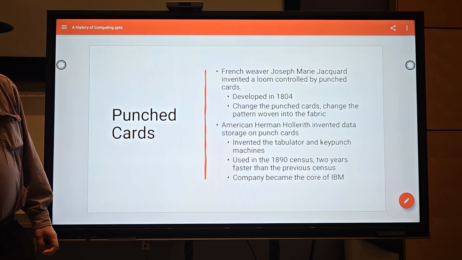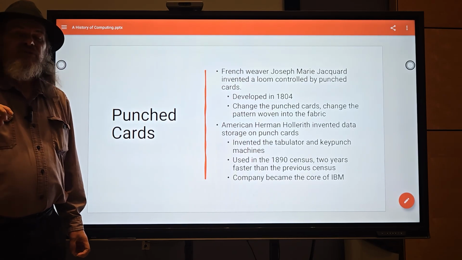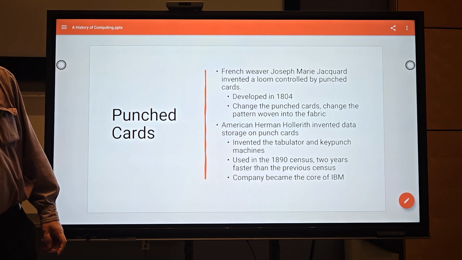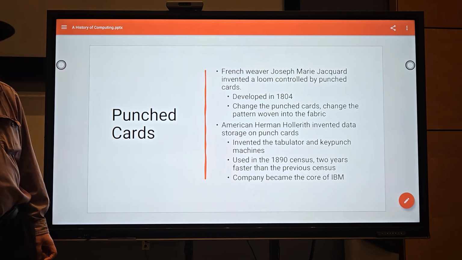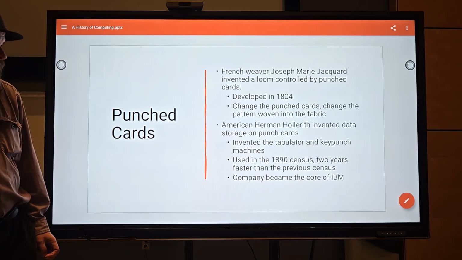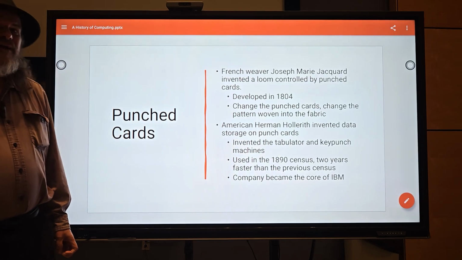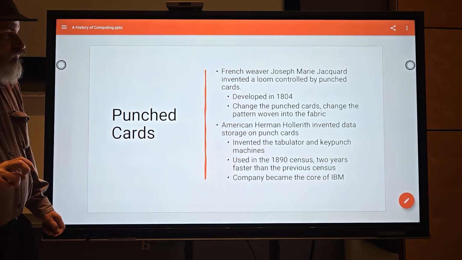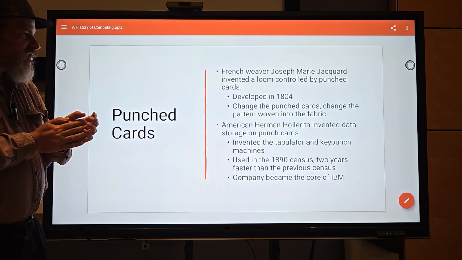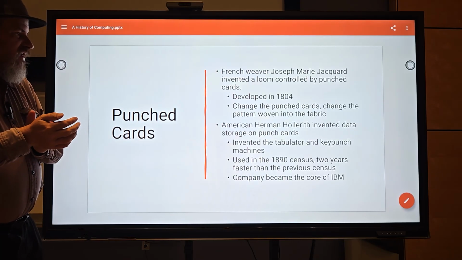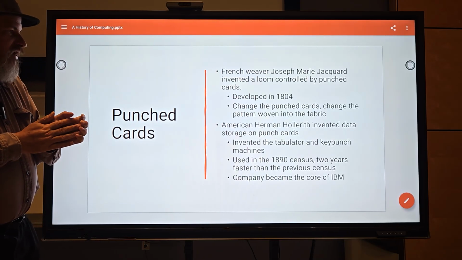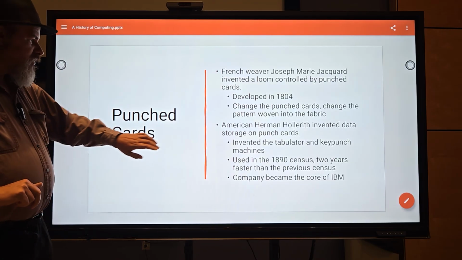Used in the 1890 census, it was processed 2 years faster than the previous census because it was more automated, using tabulators and basic adding machines. And his company later became the core of IBM. So his company is still around, making computers.